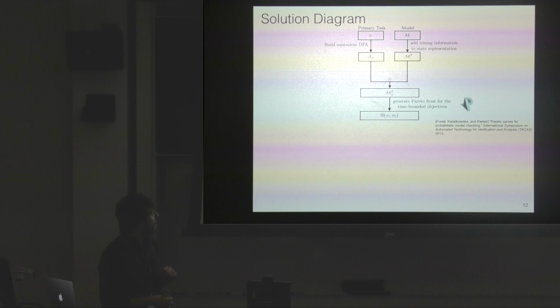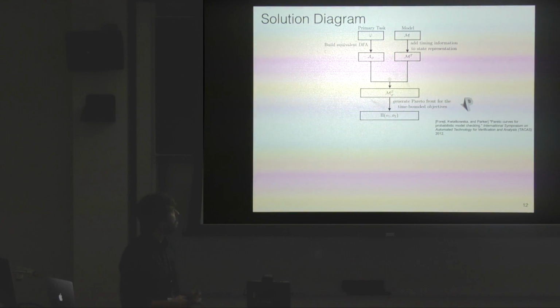Just to give you a small diagram that describes what I just talked about. We start with a model and a primary task. We add the timing information to the model, as I told you. We build an equivalent deterministic finite automaton that basically accepts the good prefixes of our co-safe LTL task. This is standard stuff.